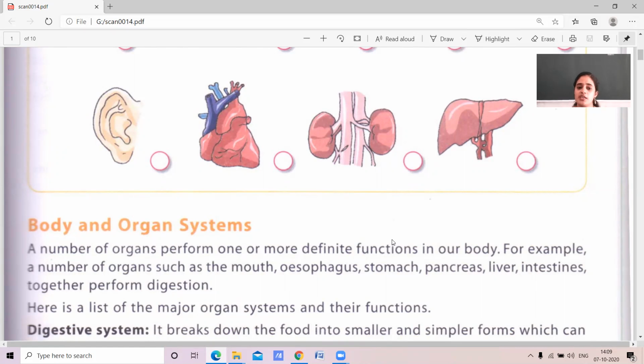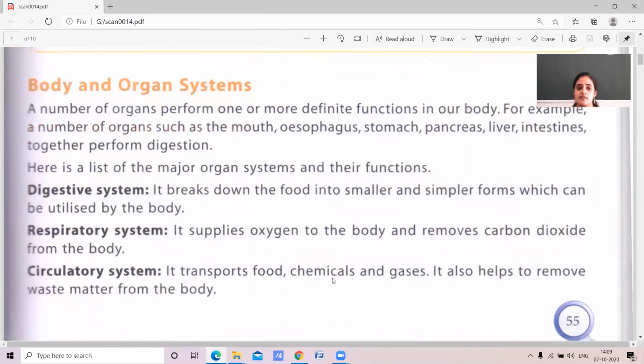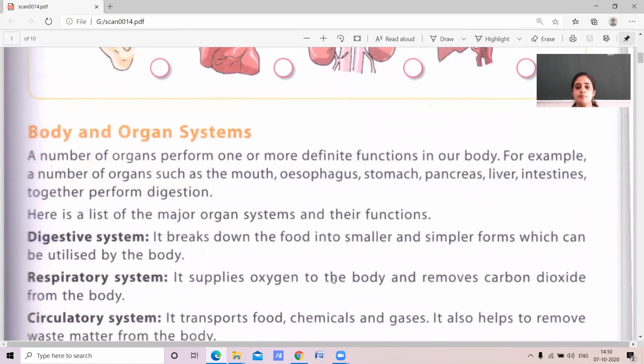Okay. Body and organ system. A number of organs perform one or more definite functions in our body. Yes, each organ has a different function. For example, a number of organs such as mouth, esophagus, stomach, pancreas, liver, intestine, they all together perform one function.